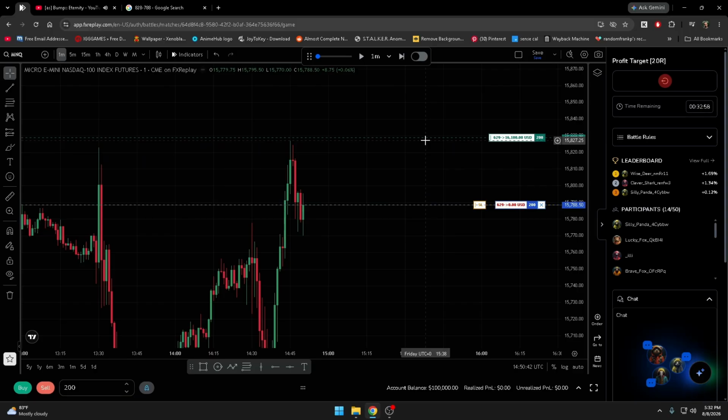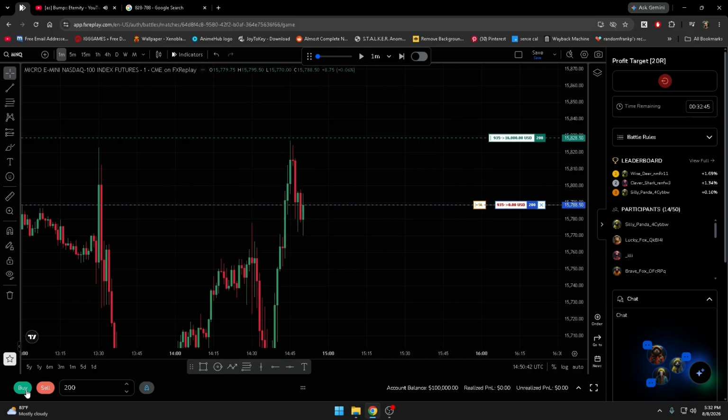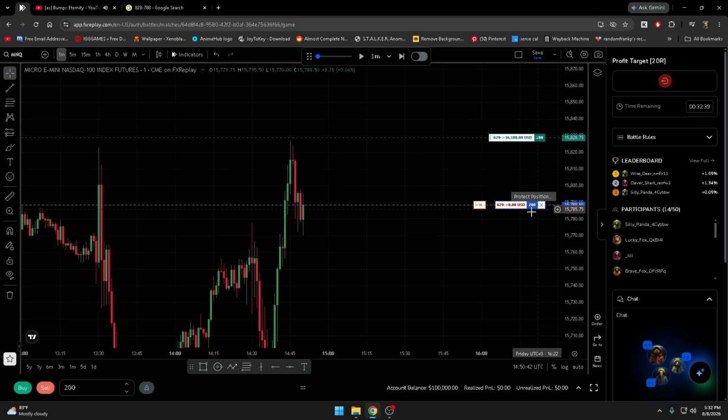I want this exact tick. I just gotta take the one, I think. Nope. Totally wrong again. It's just gonna take a while. I'll go 150.